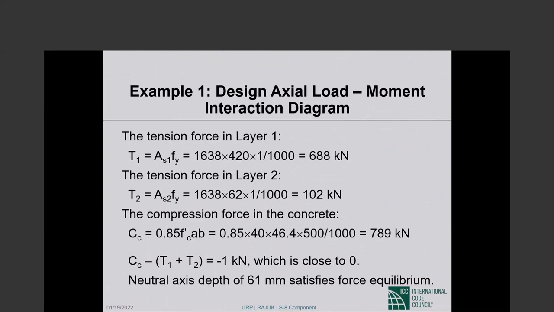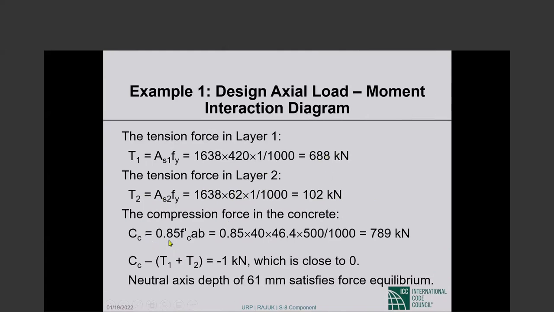So T sub 1 is 688 as before. T sub 2 is the area 1638 multiplied by the 62 MPa that we just calculated, that is another 102 kilonewtons. So this is a tension, that is a tension.